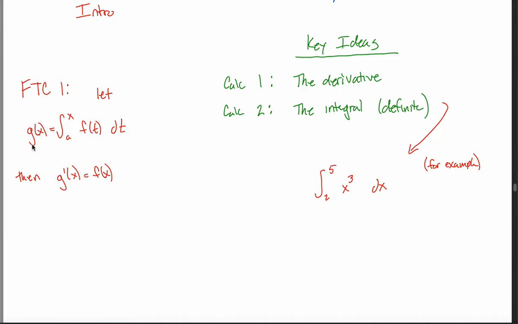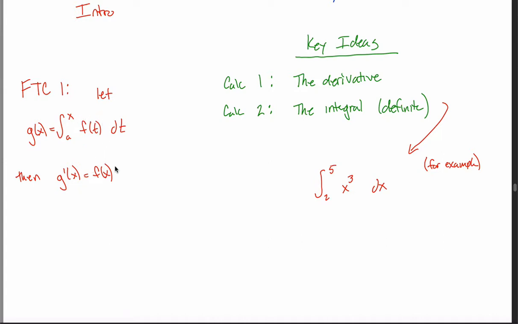At any rate, if we define this function g of x in this really strange manner, then the derivative of this function, g of x, is just equal to f of x. Like it's just this, well, except you changed the letters on me for some reason. Yeah, that's exactly it. Informally, what we're saying here is the integral that I introduce right here and the derivative that I do right here are going to kind of cancel out, right? This will stay more or less the same.